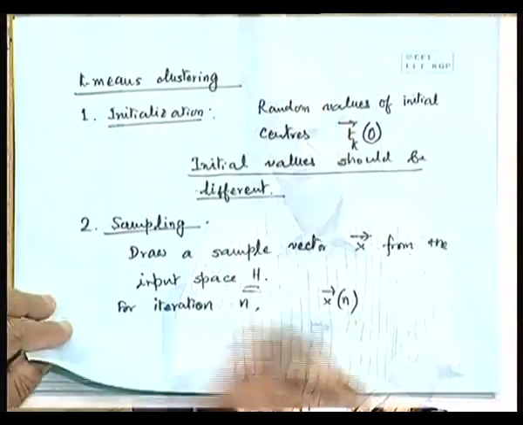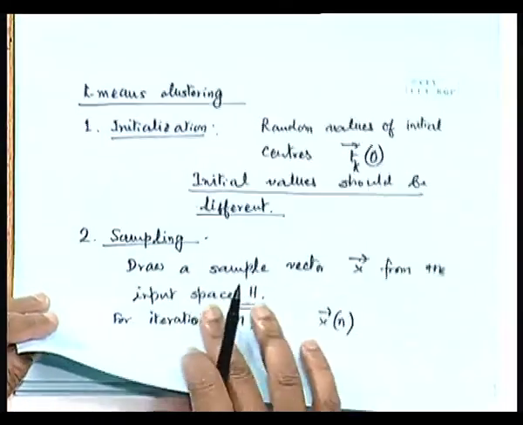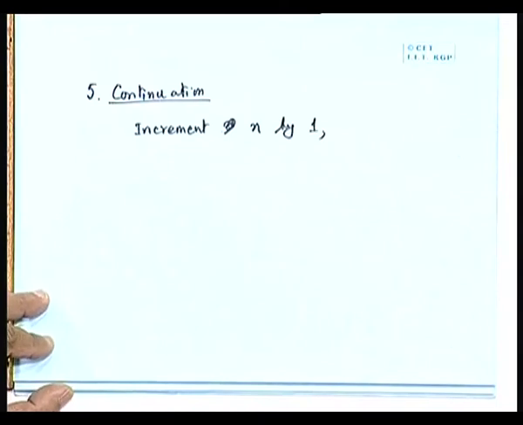So as a continuation step we increment n by 1, and then go back to step number 2, that is the sampling. After updating n, we draw a fresh sample from the input space.